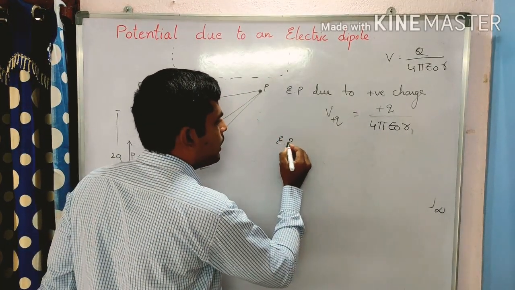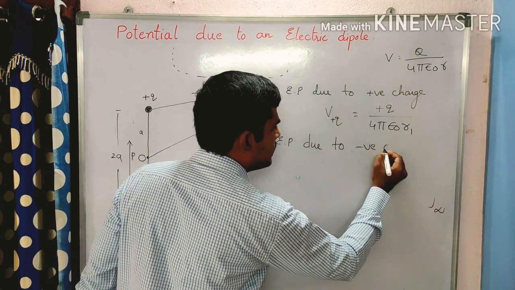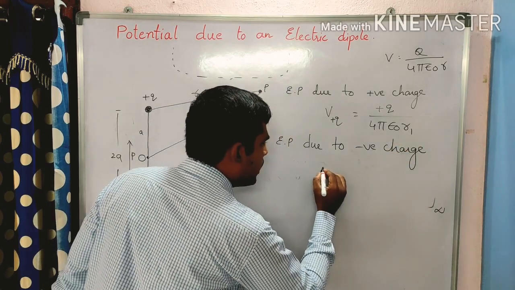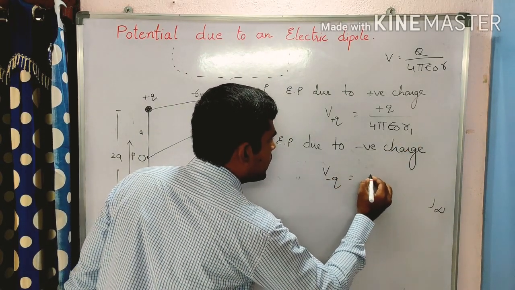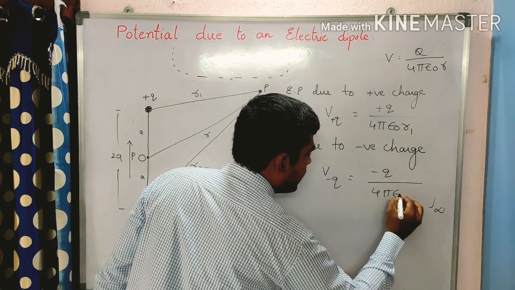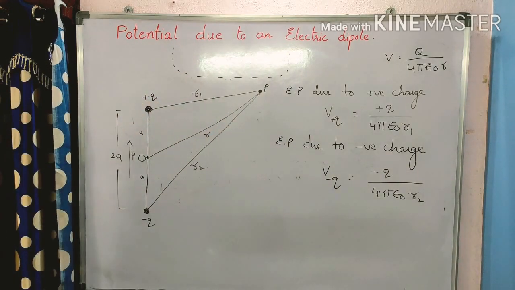Electric potential due to the negative charge, V minus Q, is equal to minus Q by 4 pi epsilon naught R2.